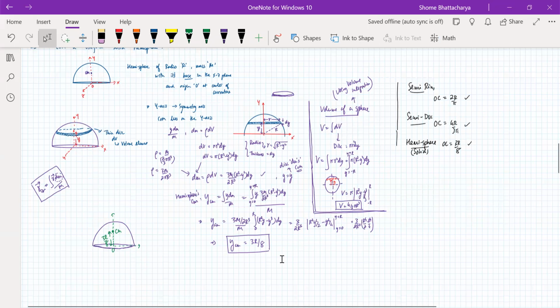So now again, this is one of the standard formulae that you have to remember for position of center of mass.